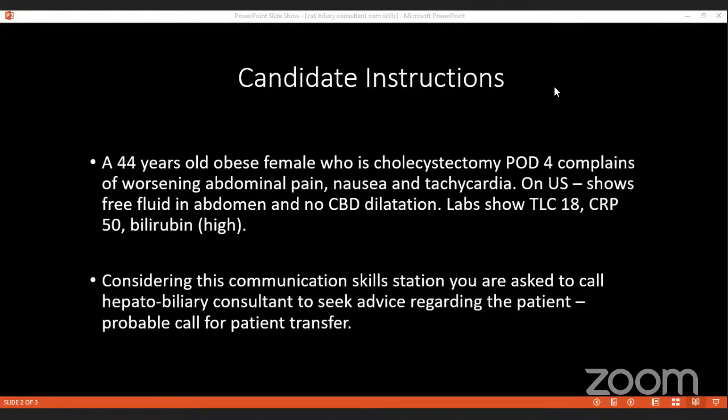So, why do you want to transfer urgently to us? Yeah, to avoid chemical peritonitis. After stabilizing and resuscitating the patient, the patient needs surgery. Why is it urgent?